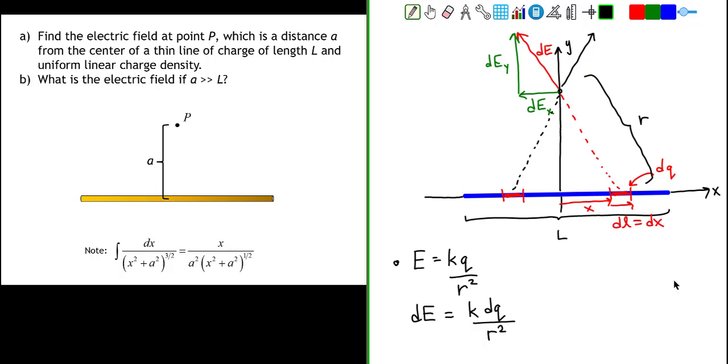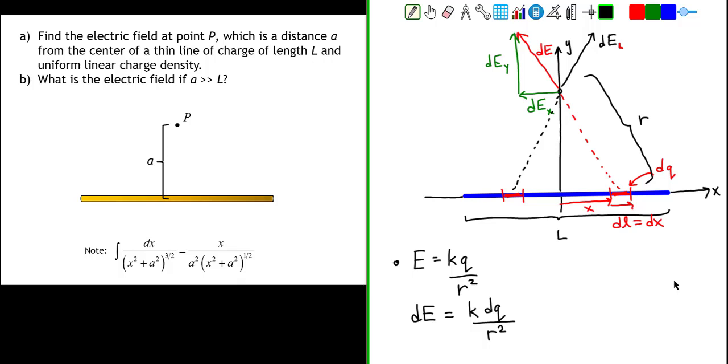I'll just call this contribution on the left dE sub L, for left. What I'm doing here is, usually when a problem has some amount of symmetry, we can simplify it in some way to minimize the amount of work we have to do. Because for every charge element on the right side, there's a mirror element on the left side, I suspect that some component of the electric field will cancel.